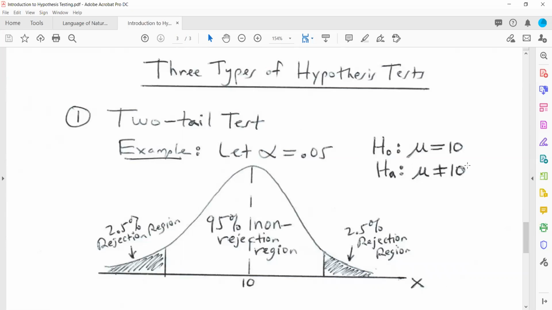All right, could be either one. And the researcher doesn't care whether it's less than or greater than in terms of rejecting the null hypothesis. Again, that'll be made clear in the writing of the problem.